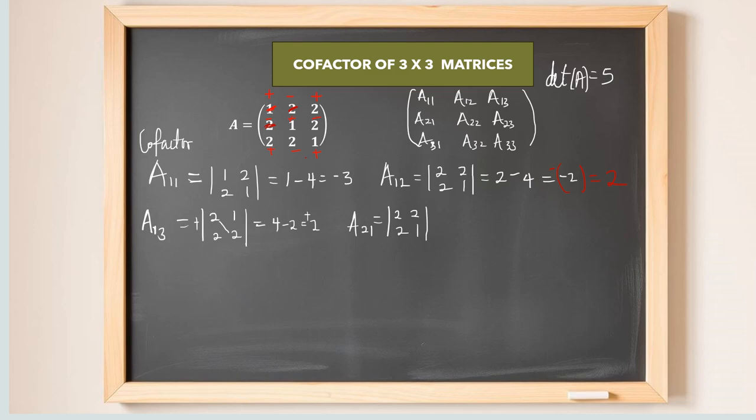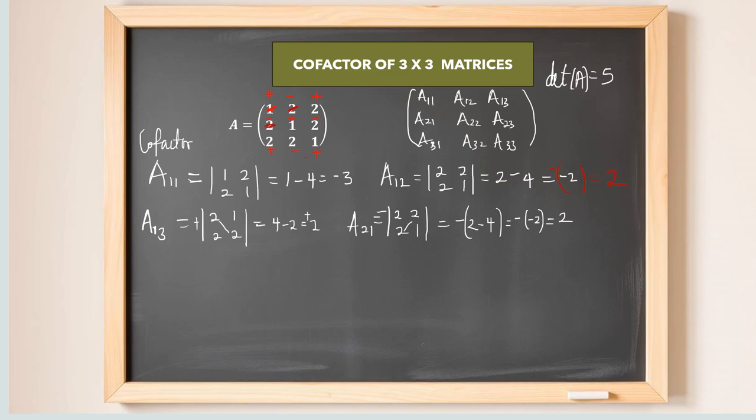Don't forget that the sign here is negative. So here we have the negative sign outside. So negative of 2 times 2, 2 times 1, 2, minus 2 times 2, 4. So negative of negative 2 gives 2.